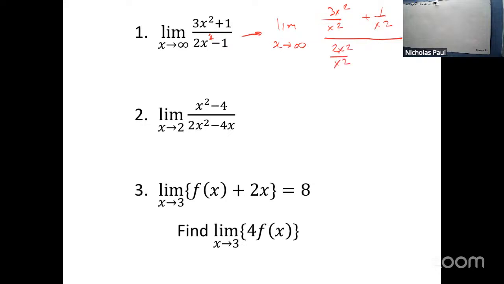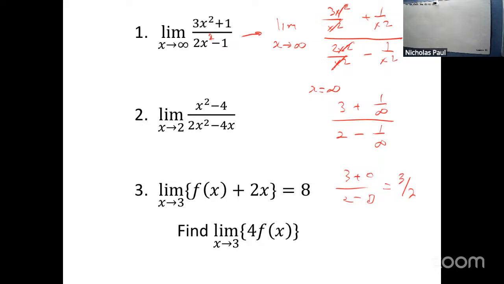When you divide by the highest power, the x squared cancels. And then you plug in x to infinity, so you'll get 3 plus 1 on infinity, 2 minus 1 on infinity. 3 plus 0, 2 minus 0, so that's 3 over 2, 1.5. Are you okay with that?